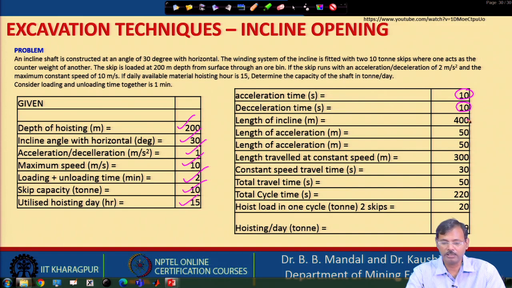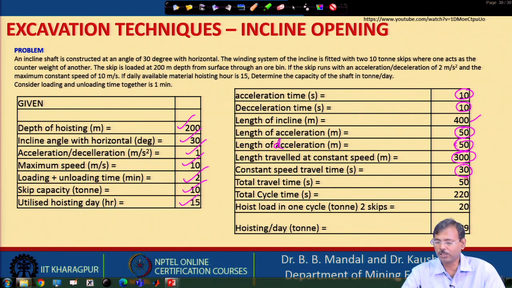Length of the incline, as it is 30°, it is 400 meter, and length of acceleration, that means during acceleration the travel length is 50 meter, during deceleration the travel length is 50 meter, and length traveled at constant speed is 300 meter. So, 30 second time is required to move at constant speed.